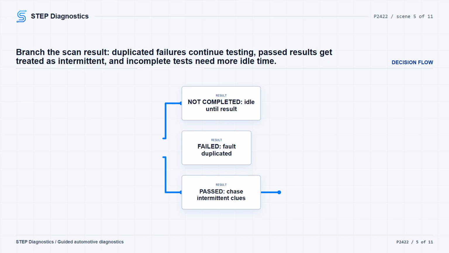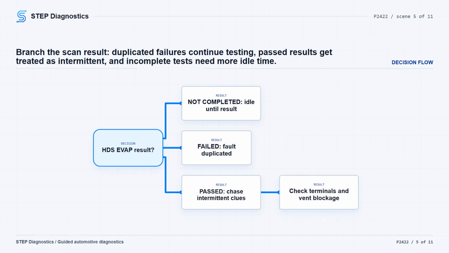If nothing shows up, check for poor connections or loose terminals between the FTP sensor and the ECM/PCM, and look for blockage at the FTP sensor vent port and vent hose, plus the EVAP canister vent hose and drain joint. If the status is not completed, let the engine idle until the HDS gives a result.